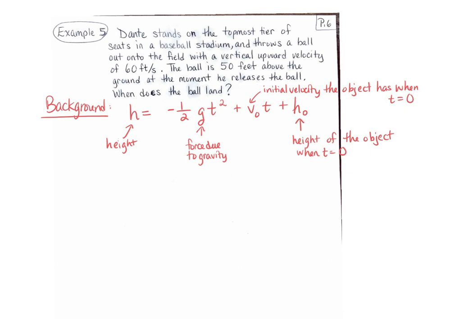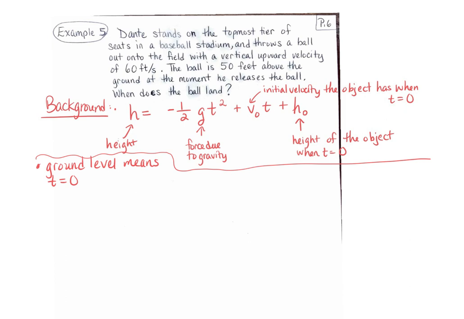Okay, now some other things to note: that ground level means that t is equal to 0. So we'll separate this like so, like this. Okay, so ground level means t is equal to 0.